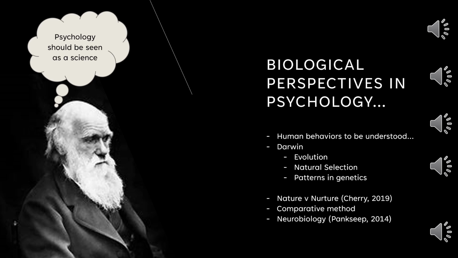Most patterns that were found to be passed down successfully were ones that aided in survival, which leads us into natural selection and nature versus nurture, and the argument that those have. Nature versus nurture is another concept from the biological perspective in psychology. Nature is going to take the role of biological perspectives, meaning a person's characteristics and how they're influenced by our innate biological factors.